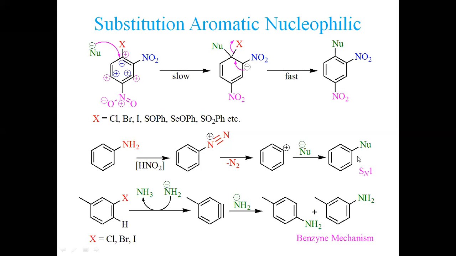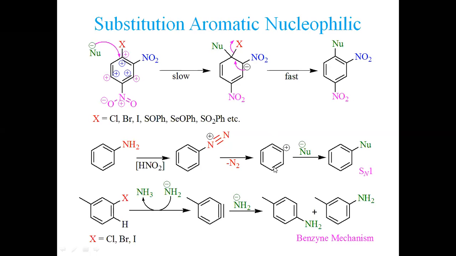This is in fact an SN1 mechanism. This is a different mechanism from the one following second order kinetics, very similar to the arenium ion mechanism. But look here, this is following the SN1 mechanism: substitution, nucleophilic, unimolecular. First, a carbocation is generated. In the next step, the nucleophile reacts.